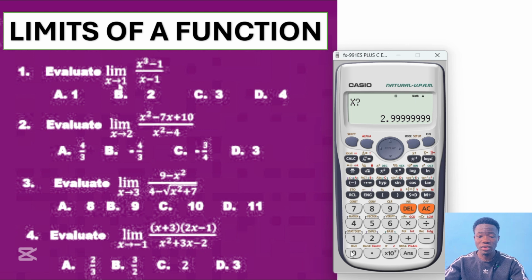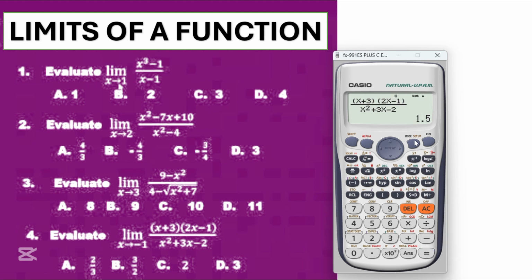So I can have negative 0.999999. And your correct answer is 1.5. 1.5 approximately is 3 over 2, which is B. Then we can pick a value above negative 1 and see if you get the same answer.